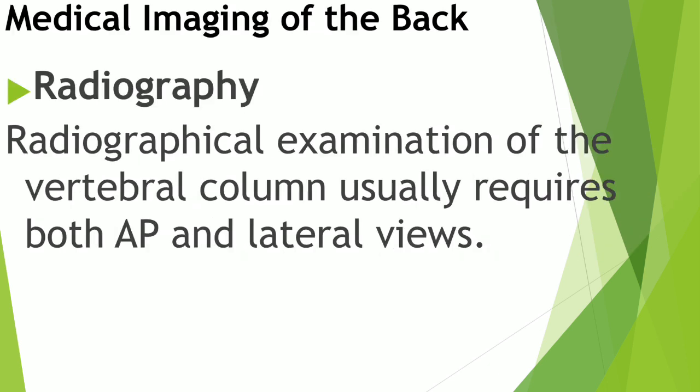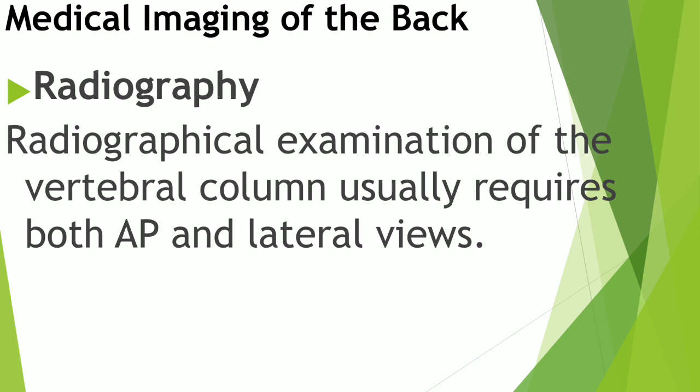Now I cannot end this without talking about medical imaging of the back. There are certain procedures that are very important as far as radiological examination of the back is concerned. Radiography is the first one I want to talk about. Radiographic examination of the vertebral column usually requires both anterior-posterior radiographs and lateral radiographs.